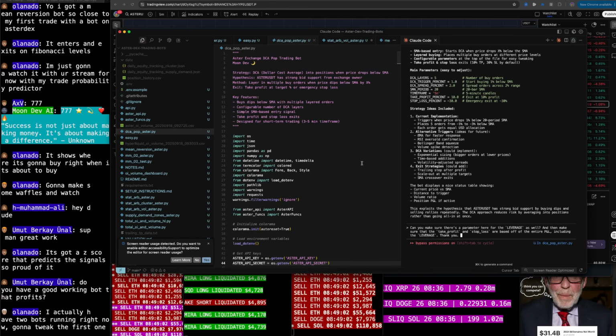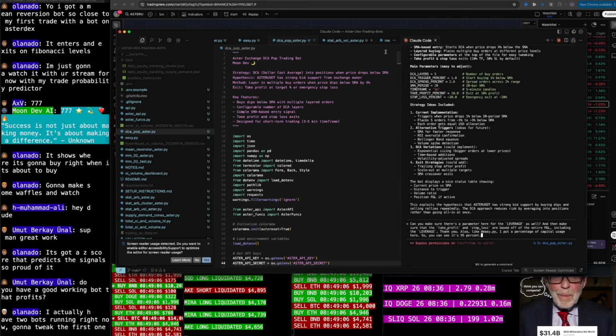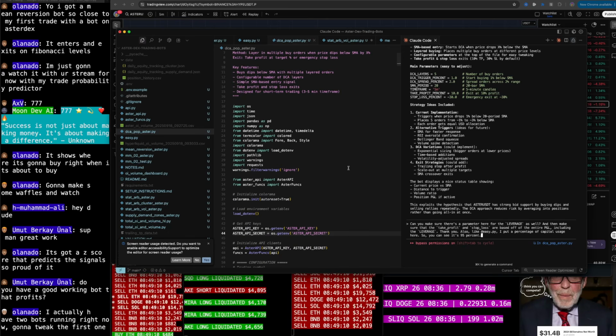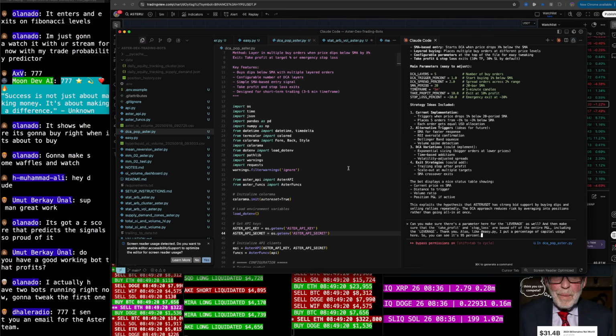So you can see it's 95%. And instead of a hard stop loss, let's make the stop loss at X% over the SMA that we're looking at. And we'll just close the whole thing like that.